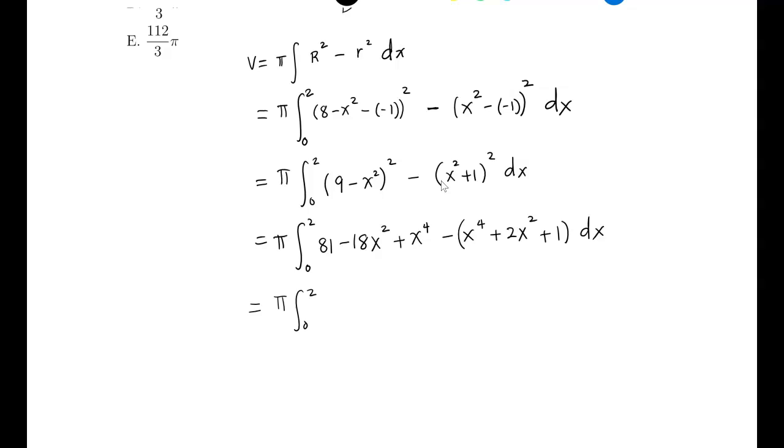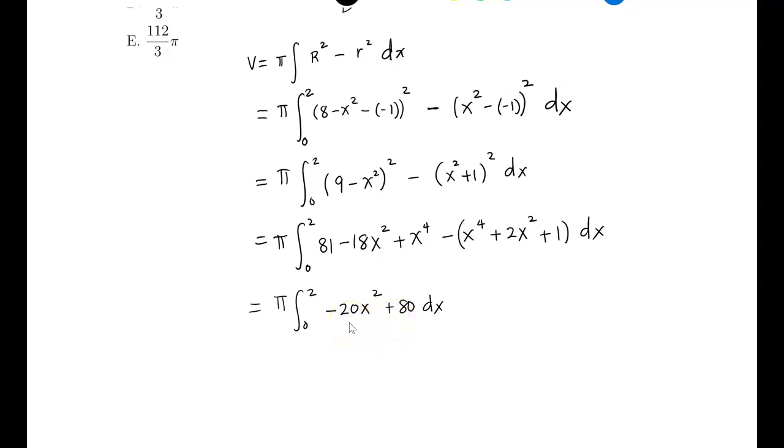Now the x to the 4th will cancel. And then we have -18x squared minus 2x squared, so that gives you -20x squared. And then 81 minus 1 is 80. So plus 80 dx. Remember, I can just move that because addition is commutative, so the order doesn't matter.